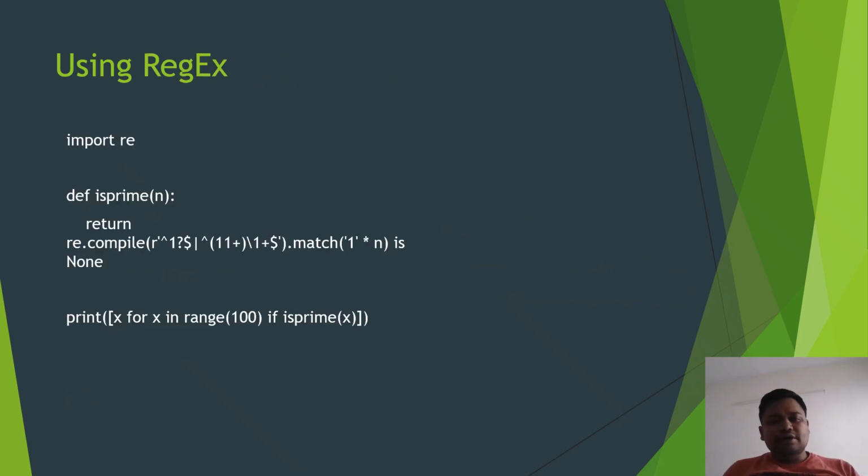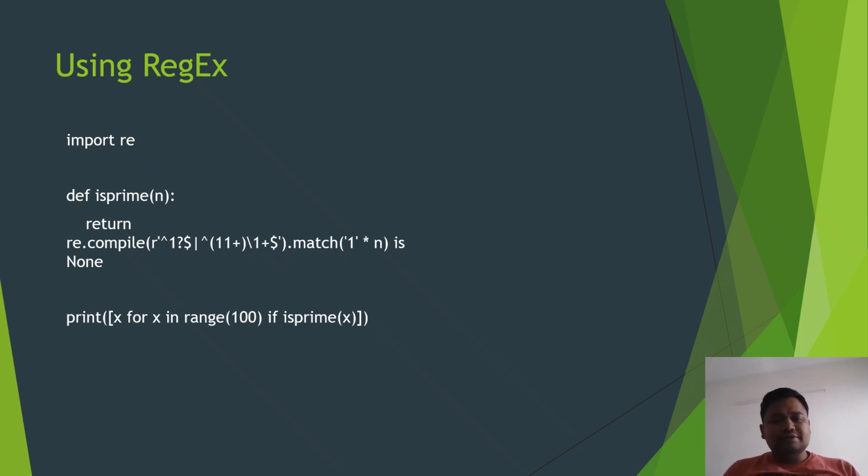Next is using regular expression. We import the regular expression library, import re, then define is_prime_number, and re.compile, and we declare the regular expression to match the prime numbers, and then print x for x in range 100.